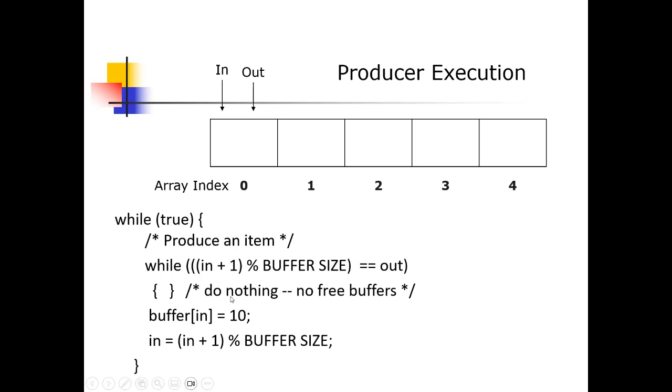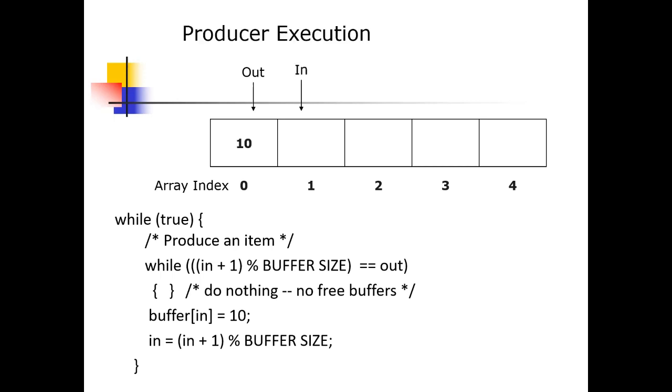In becomes 1. Like this. Is it clear how the code works for the producer? Any questions?